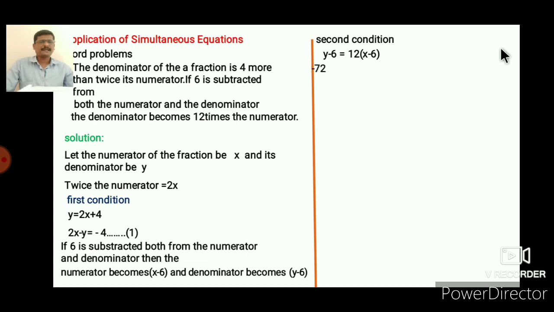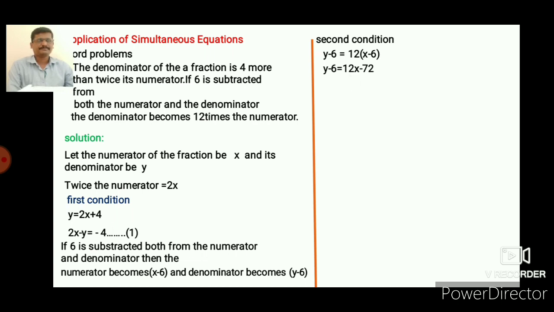Solve the bracket: y minus 6 is equal to 12 times (x minus 6). It means multiply the monomial to each term of the binomial: 12 into x, 12x, minus 12 into 6, 72. Transfer variables to one side and constant terms to the other side.